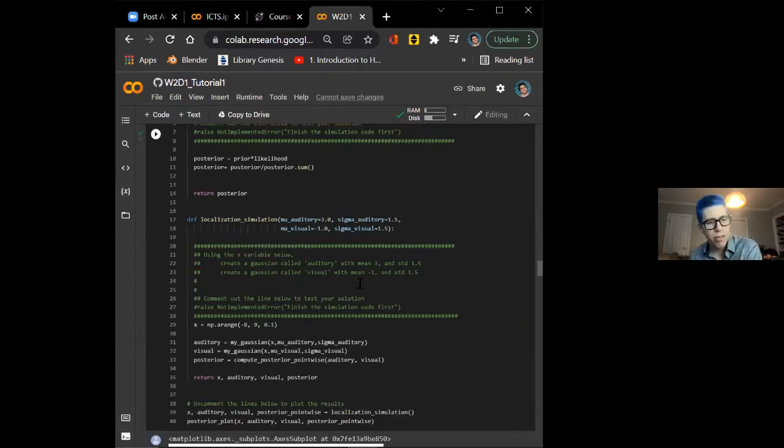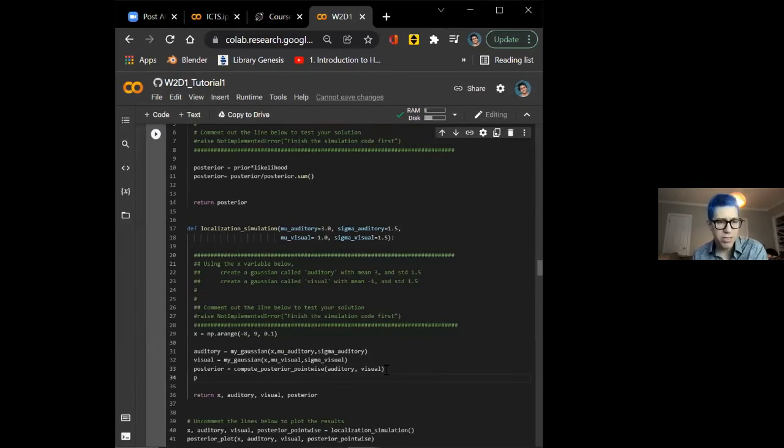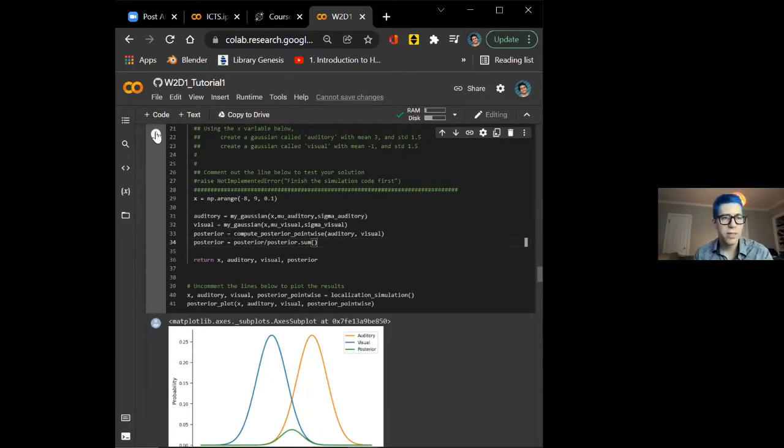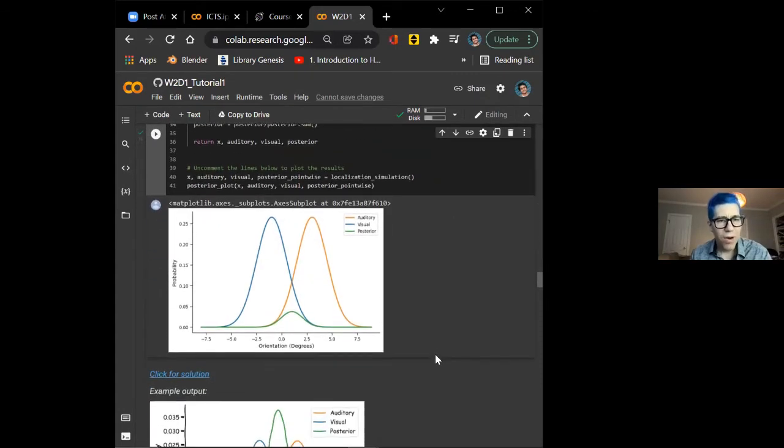I would add after line 33, just as part of debugging: posterior is posterior divided by posterior dot sum. Cool. Let's run that. Wow, and it still doesn't do it.